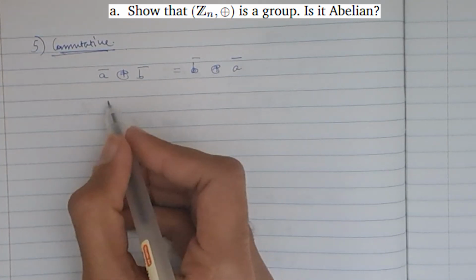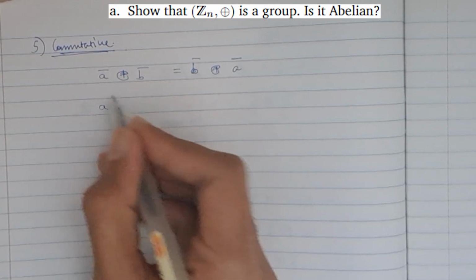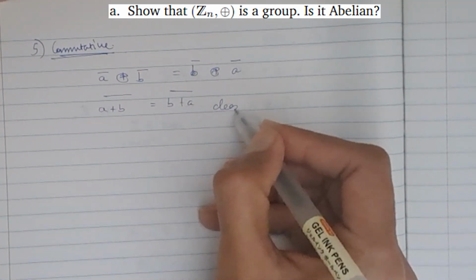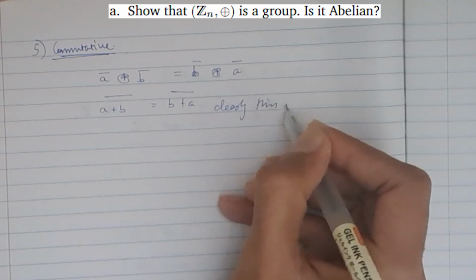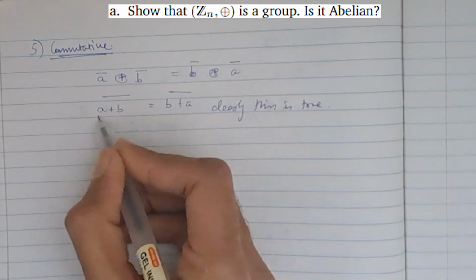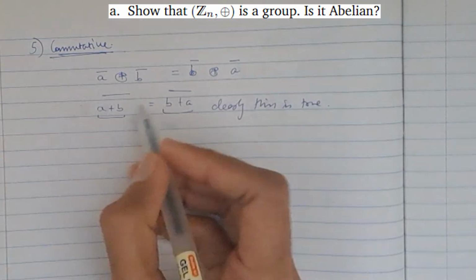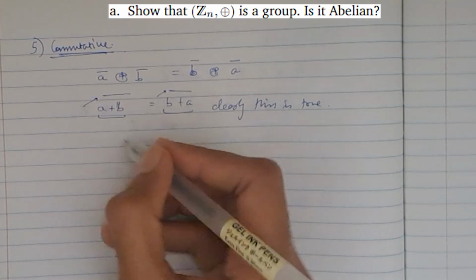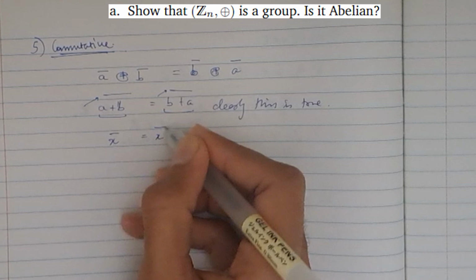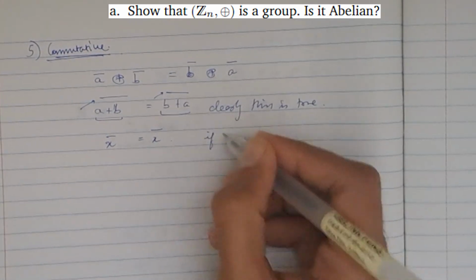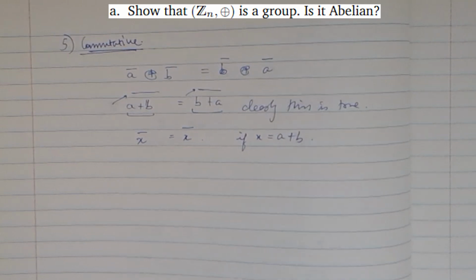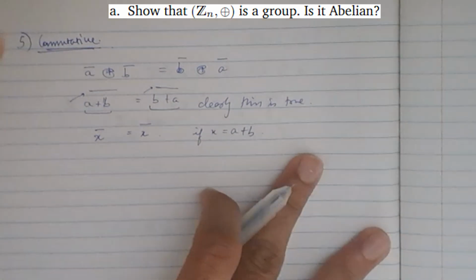So if you follow along, this becomes A plus B, this becomes B plus A. Clearly this is true, as addition is commutative, and so the congruence class on top of it would also be the same, as this would come down to be x and x if x is equal to A plus B. That's a true statement. So we've completed part A.